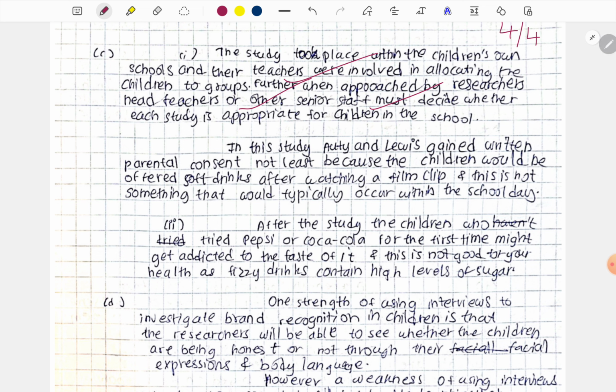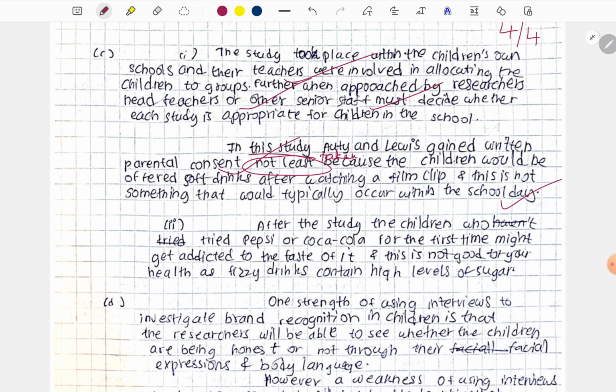Also she mentions that in this study in terms of ethics, parental consent was not least. Here I think mistakenly she's written least, because children would be offered soft drinks and this is not something they would do on a typical school day. Okay, so written parental consent was there in this study. It should not be not least. It should just be that was gained or was taken.